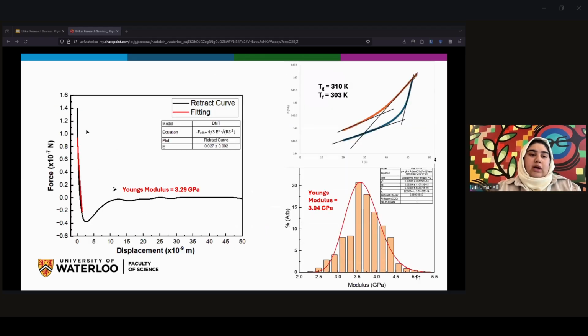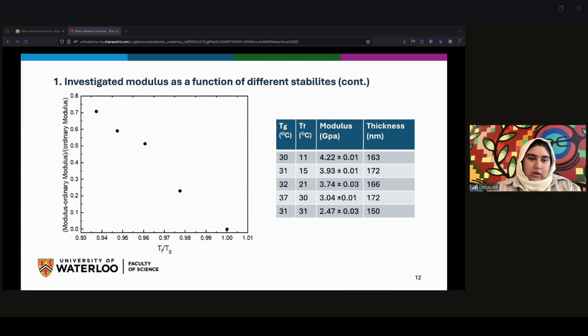I have just shown one of the force curves and the fitting with DMT. Here is the distribution of the modulus for 216 points in a 2 micron by 2 micron area. So we took 5 different stabilities and studied their modulus.